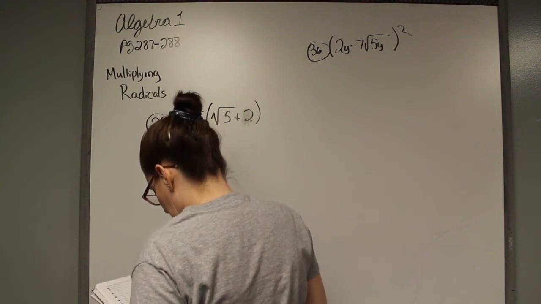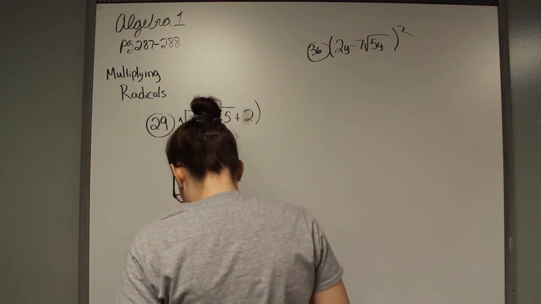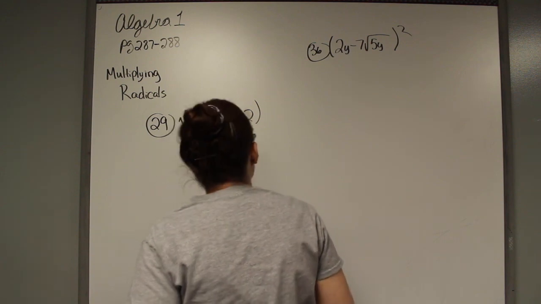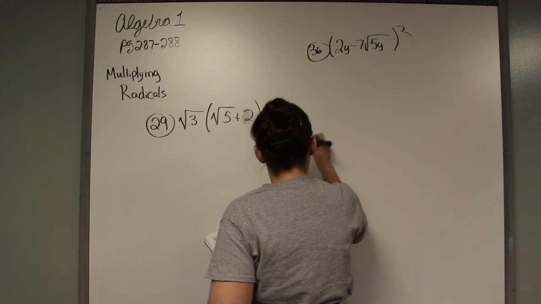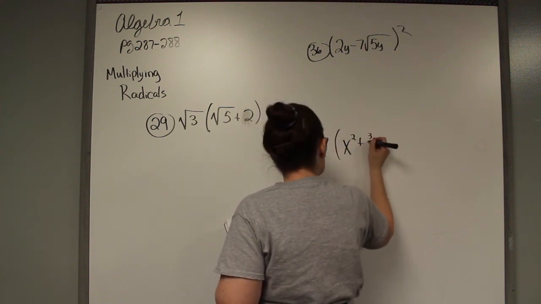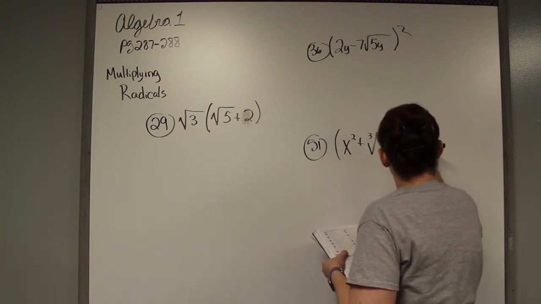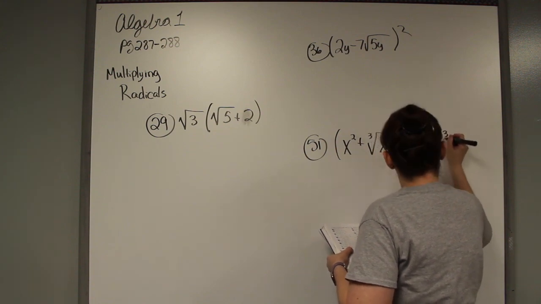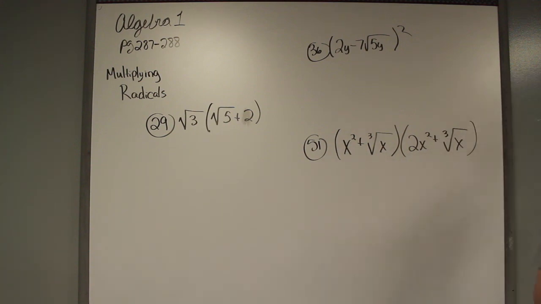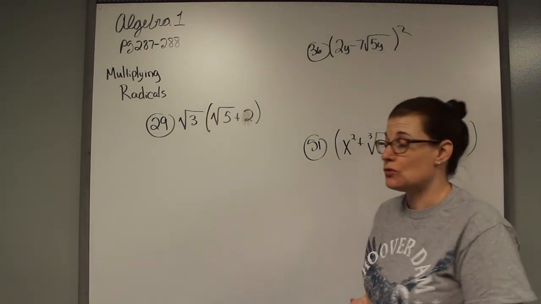And we'll jump on down to 51, I guess. Alright. So, with 36 and 51 and everything in between there, you're pretty much going to use the FOIL method.